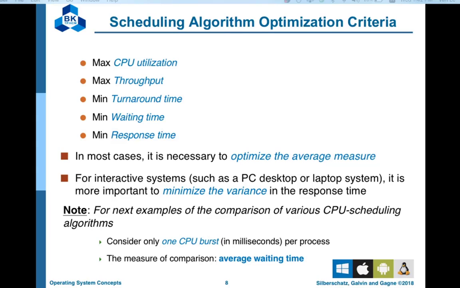And for an interactive system, like a PC desktop or laptop system, it's more important to minimize the variance in the response time. In an interactive system, the response time is the most important element for measuring the performance of a system.